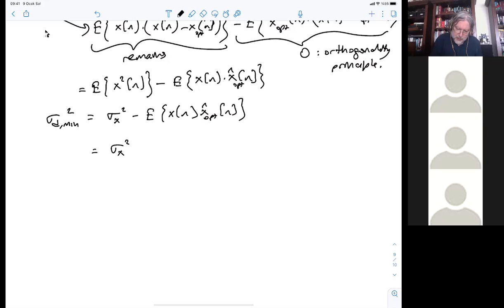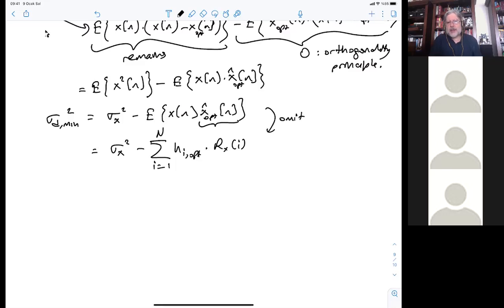It is equal to sigma x square minus, I will expand this thing into the summation formula that we have used, and using the expected value and multiplication with x of n, after that taking the expected value, will give you this kind of summation. Let's say i from 1 to capital N, h i optimum times rx of i. I omit the steps from here to here, but it's quite clear.